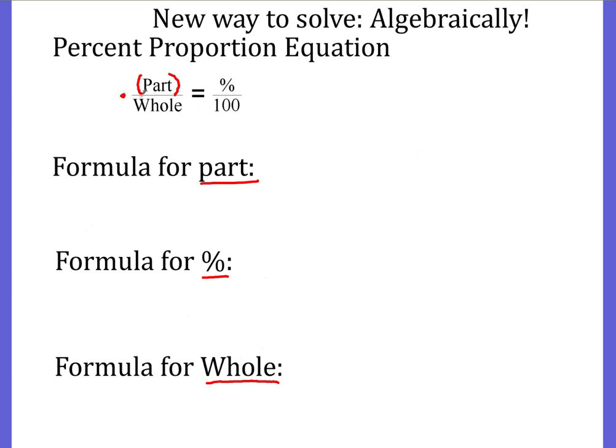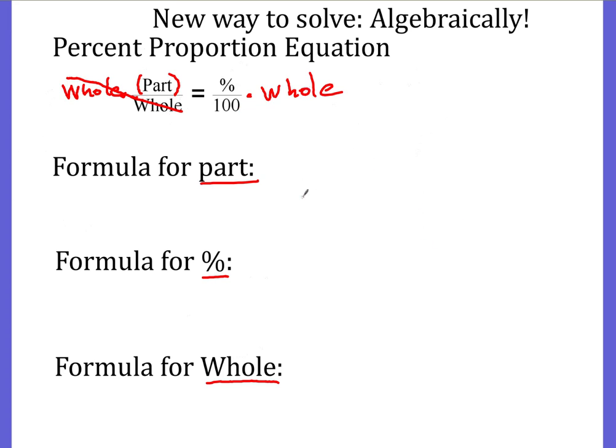I'm going to use that balance method and multiply both sides by the whole. Let's look at what's happening on the left-hand side. The part is being divided by the whole, and it's being multiplied by the whole, so those operations cancel each other out. All that's left on the left-hand side is the part. And on the right-hand side, I've got the percent over the 100 divided by the whole, times the whole.